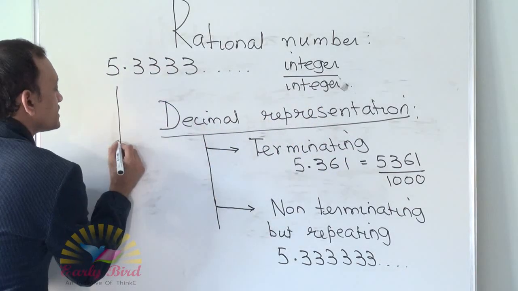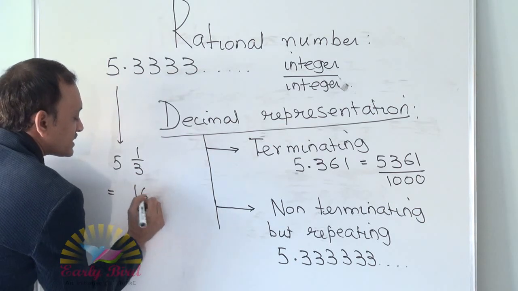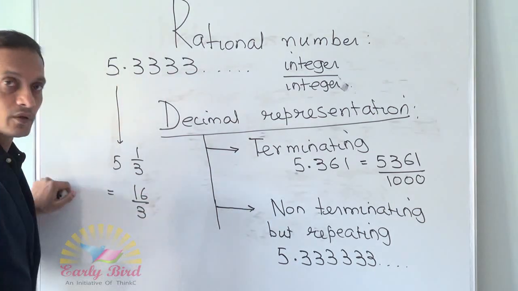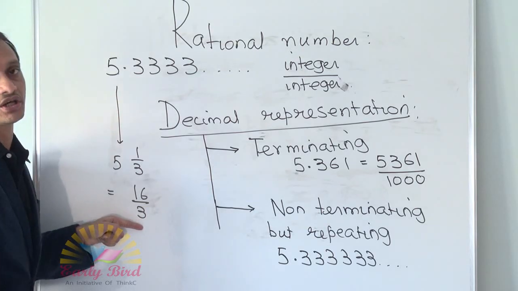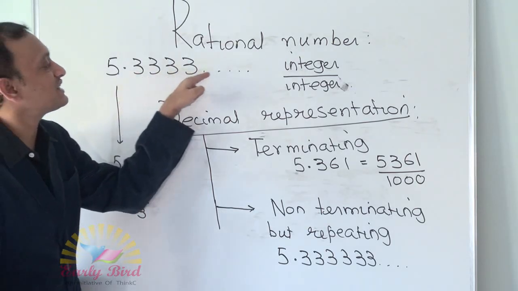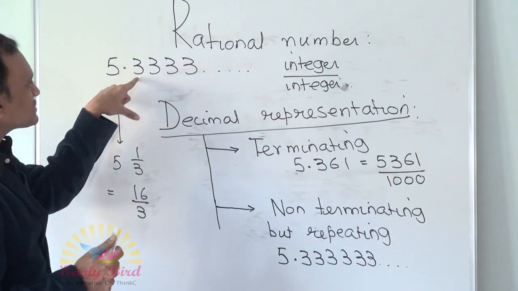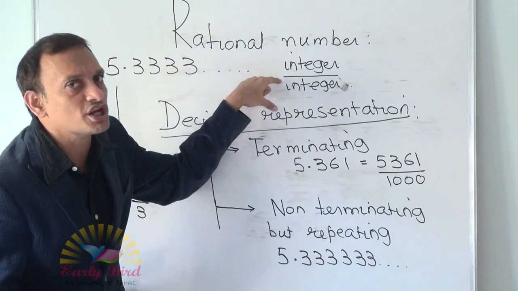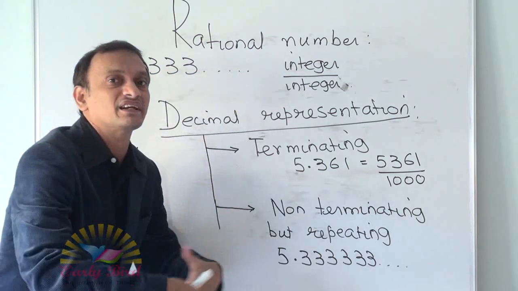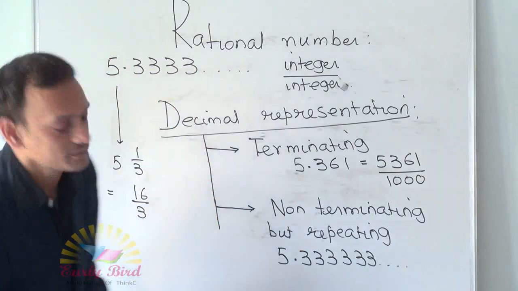This could be written as 5 1 by 3, which is 16 by 3, which is the ratio of two integers p and q, where q is not 0. And therefore 5.3333 is also a rational number. The decimal portion does not terminate but repeats.